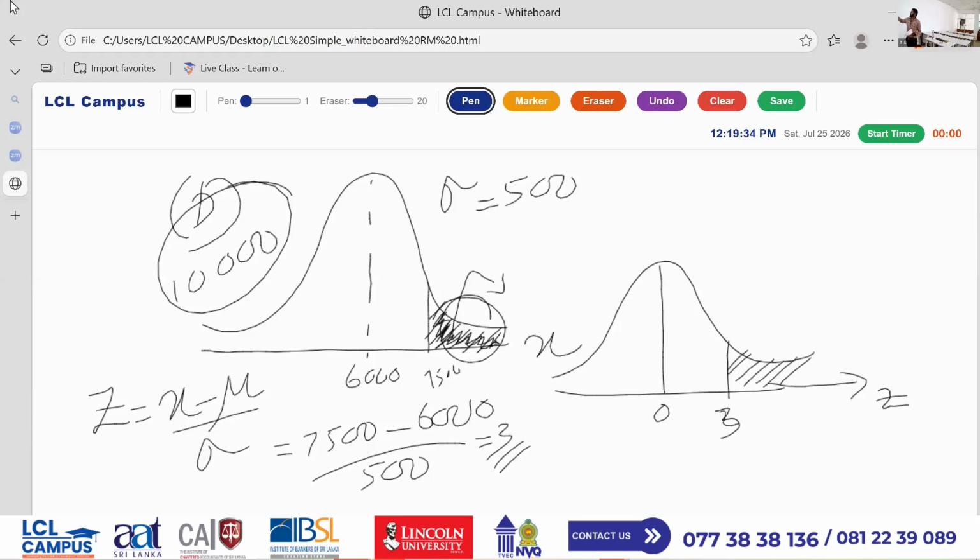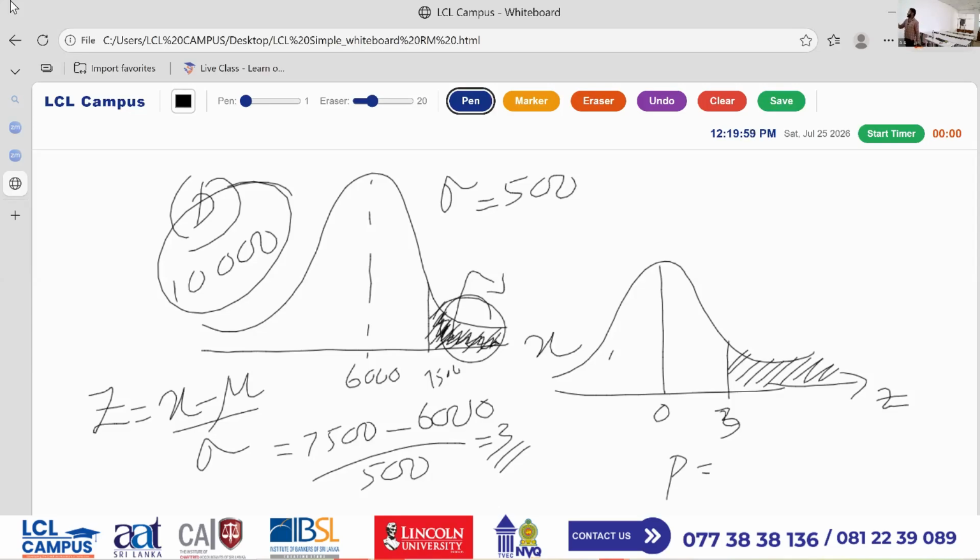Then this probability is equal to how much? From 0 to the fully right side is 0.5, because the total probability under the curve is 1. Through the 0, this part is 0.5, this part 0.5.